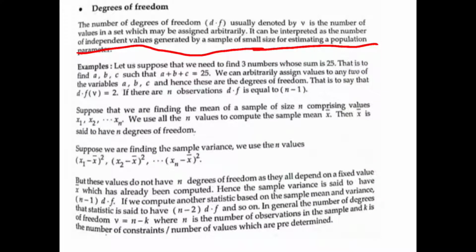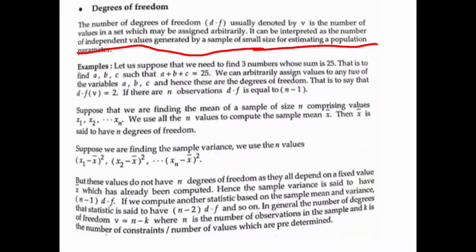This is one small example where we are trying to explain what degrees of freedom is. Now we can arbitrarily assign values to any two of the variables and find the third one based on those values, but we can't assign for all three.